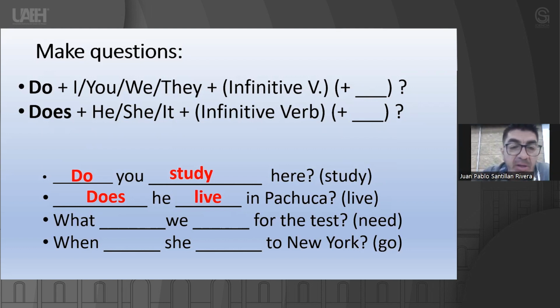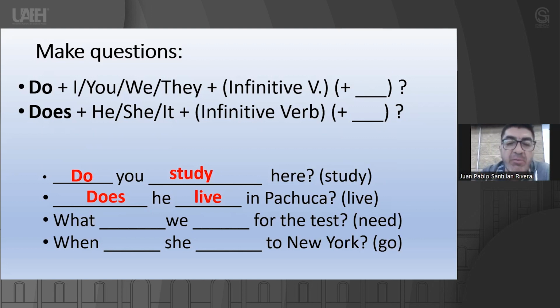Very good. In the next example, we notice that we have a question word. Question word refers to questions that are asking for some specific information. In the first two ones, they are yes, no questions because the answer is yes or no. Do you study here? Yes. Do you study here? No. Okay, so in the next example, it's asking for something.